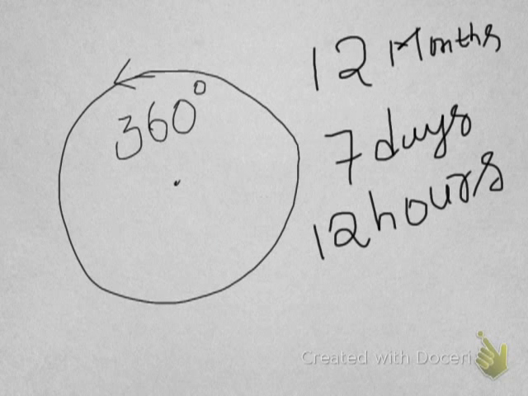The circle is divided into 360 degrees. Each degree corresponds to a day. Because the earth takes approximately 360 days to make a complete revolution, they thought that the circle should be divided into 360 parts, and they called each part a degree.